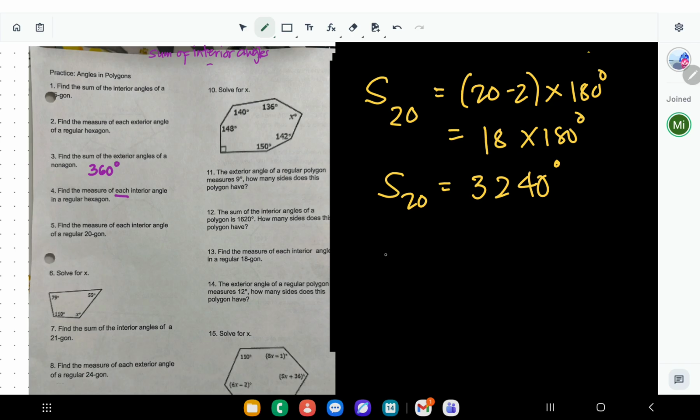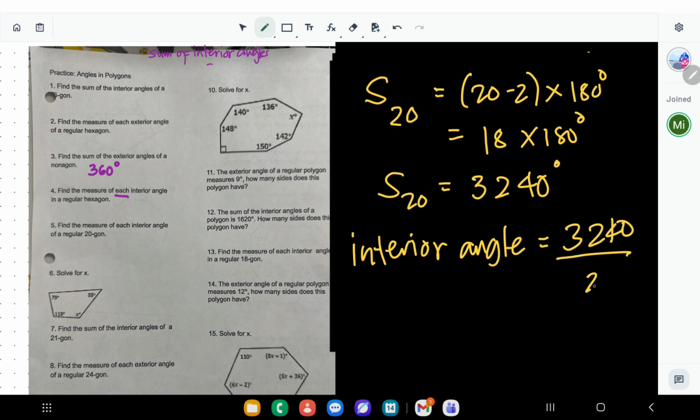And then we are asked for the measure of each. So the interior angle is just equal to 3,240 divided by 20. So what is that?